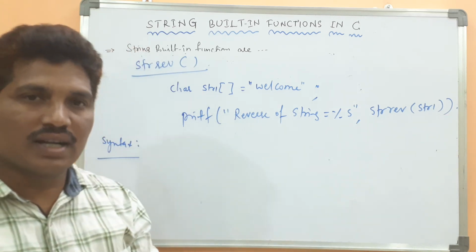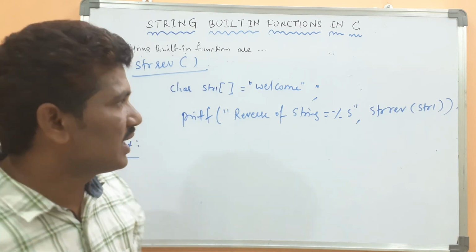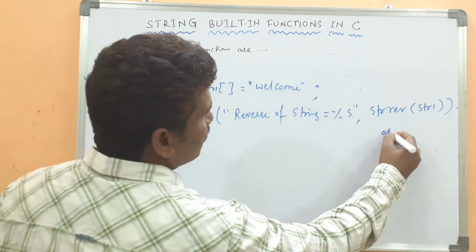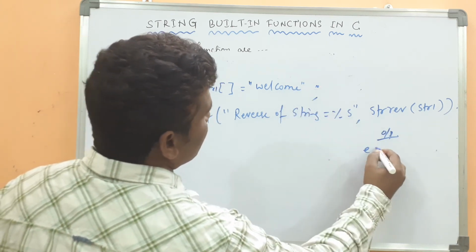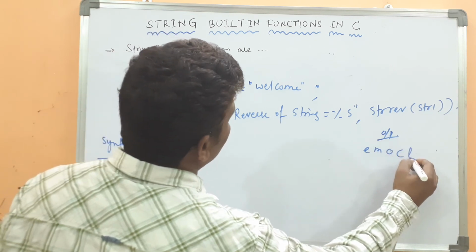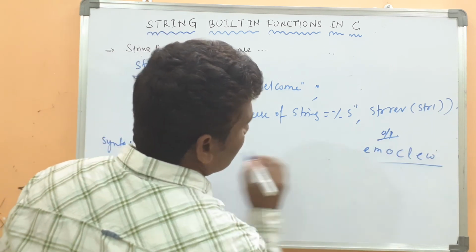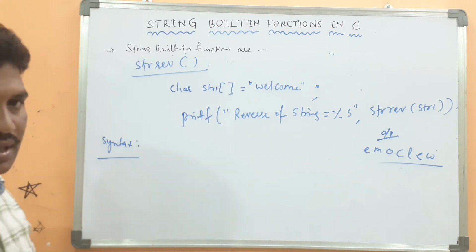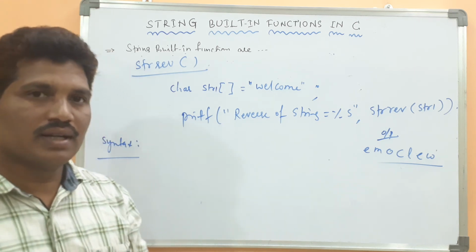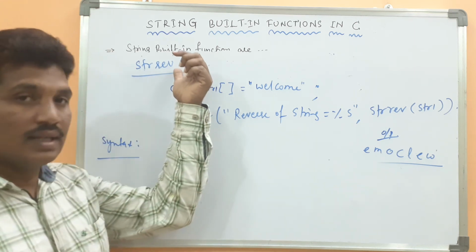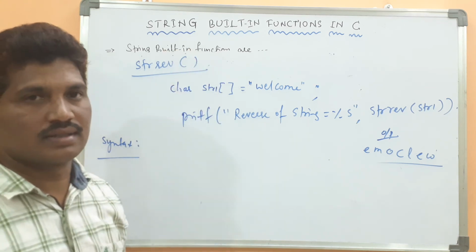The string 1 will be displayed in reverse. The output of this program is EMOCLEW, which is displayed as the reverse of the given string. It is called string reverse.